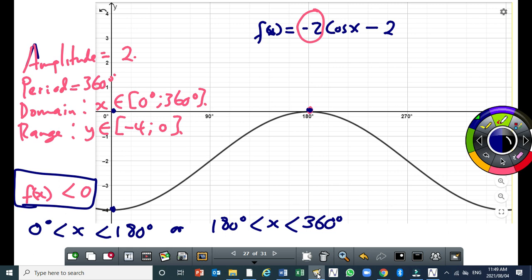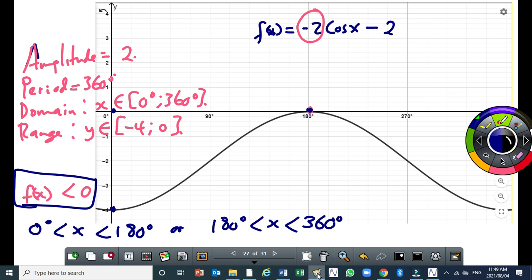For now, forget about the -2 for vertical shift. Let's talk about the -2 for the stretch, right? So we are saying the graph of y equal to cos x, which is the basic graph of cos, right? Yes. It was reflected, okay, or rather I would say it was stretched by 2 first, okay?